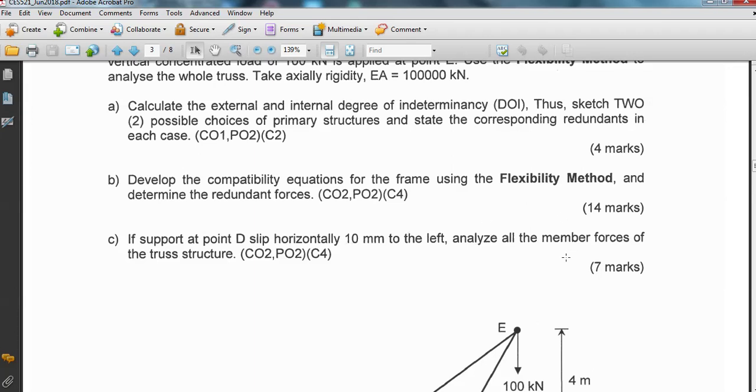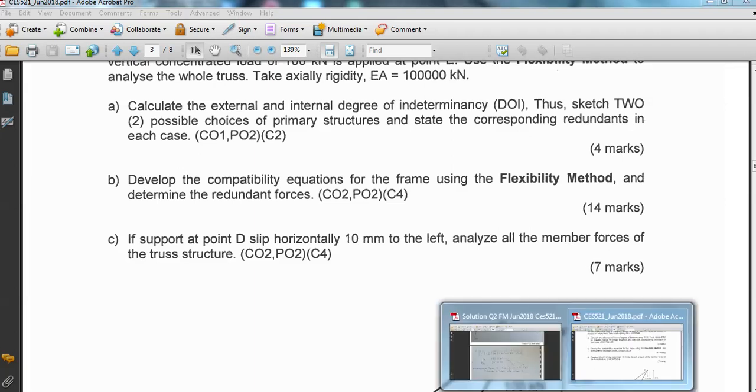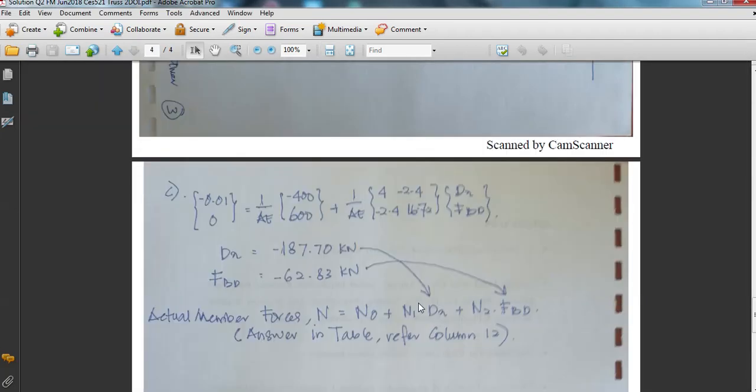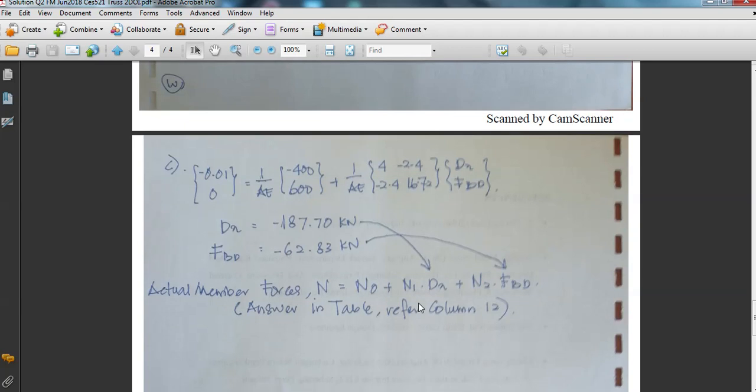Then you need to reanalyze member forces in thrust structure. Member forces in thrust structure means you refer to N for actual structure. So the other value remain, as we discussed when we learn for beam and frame.